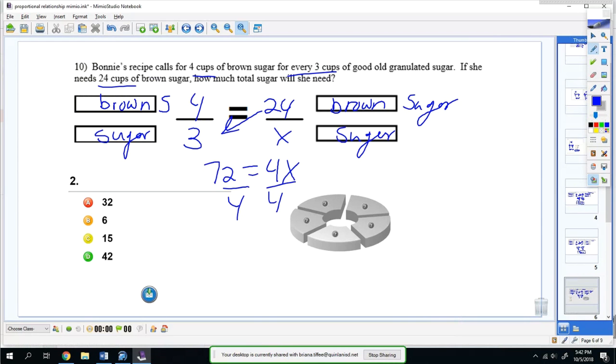I wonder what she's saying. 42. It can't be 42. 42 couldn't be the answer because 42 would be too many cups of sugar. You see how the sugar down here is smaller than the sugar on top? So it means that this one will have to be smaller than that one. So the answer should be actually 18.